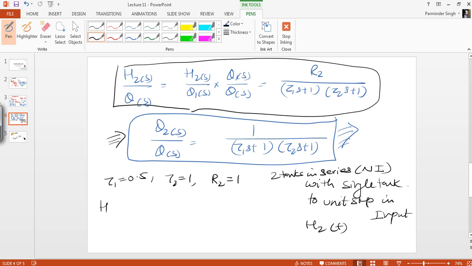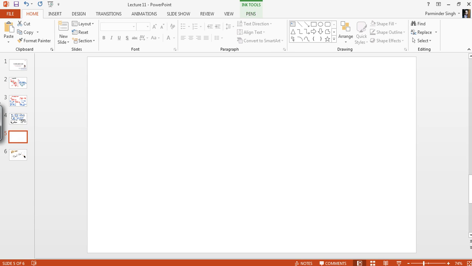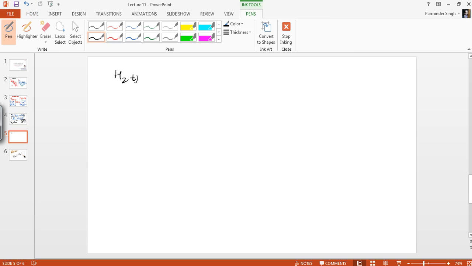So instead of this, we're going to use this expression. We know that H2(s) over Q(s) is R2 over (tau 1 s plus 1)(tau 2 s plus 1). We know the values of tau 1, tau 2, R2, and we know Q(s) is 1 by s. So take the Laplace inverse and we can find H2(t). Let me show you what H2(s) is.